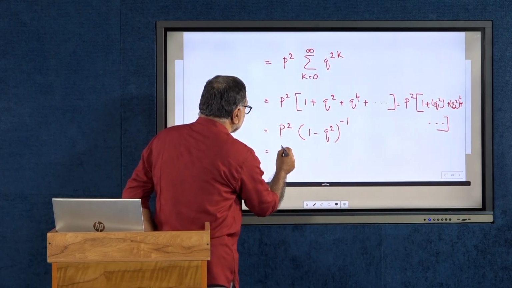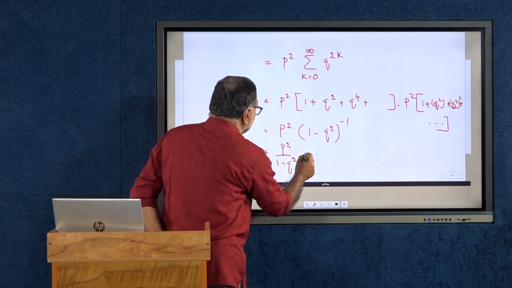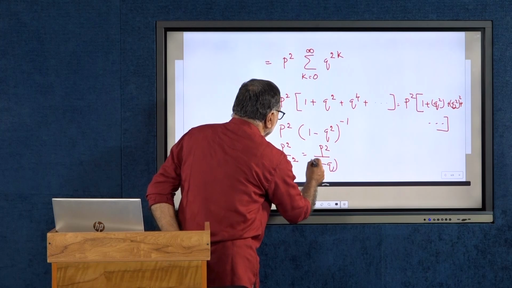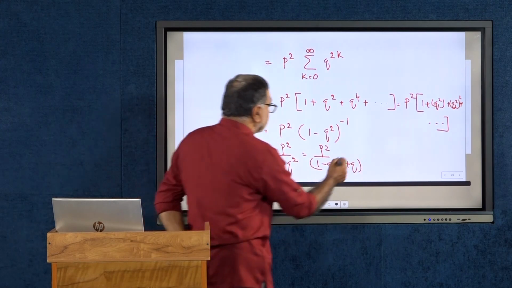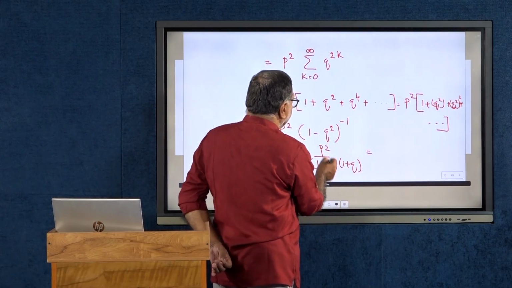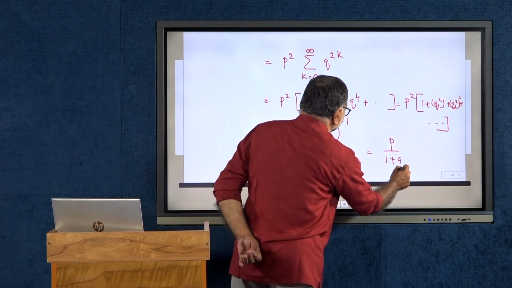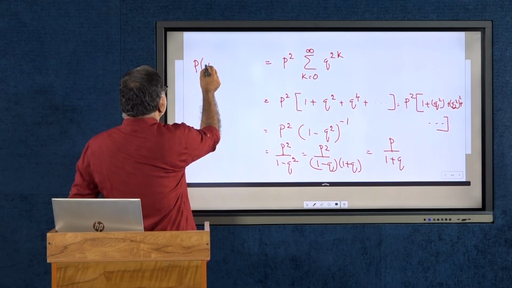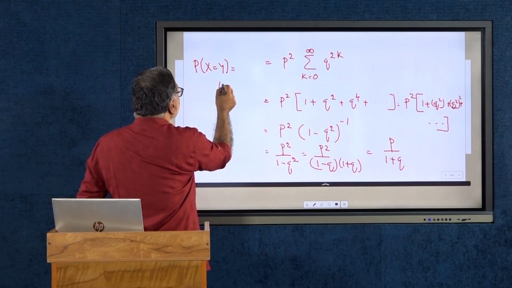That is p square divided by 1 minus q square, or p square divided by 1 minus q into 1 plus q, that form you can write. And 1 minus q is p, so one p is cancelled, so p divided by 1 plus q. So we have the probability of X equal to Y is equal to p divided by 1 plus q.